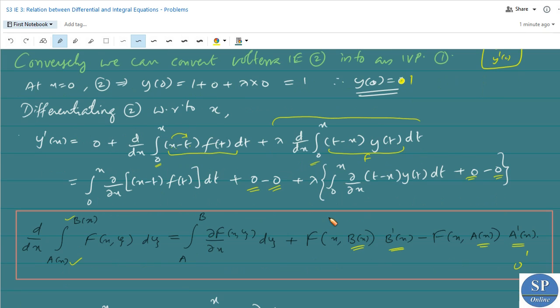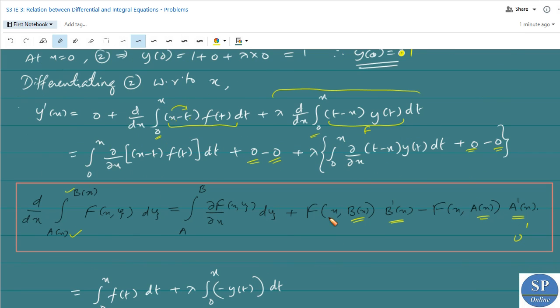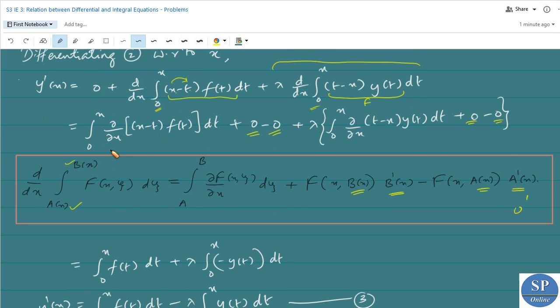Clear? Now dou by dou x of (x minus t) into f of t is nothing but f of t itself, because the derivative of x into f of t is f of t, and the derivative of minus t f of t is 0. So this is integral 0 to x of f of t dt.